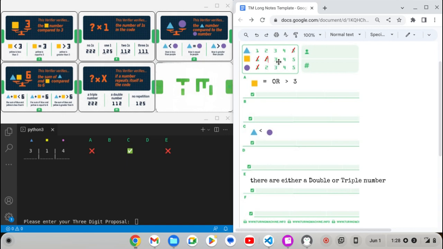So it's either 3 or greater. Okay, so now that we're done with this round, we've already done our 3 Turing tests. Our next objective is to construct a good second proposal. So let's take a look at what we have not checked.